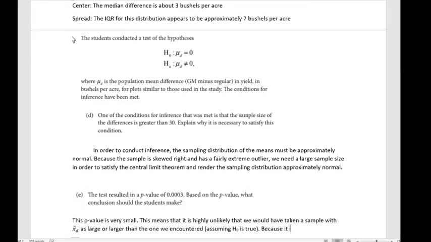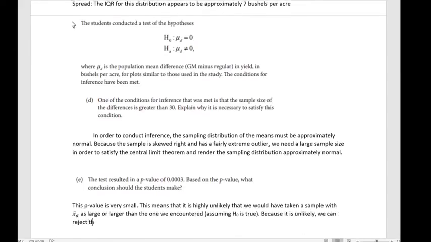Because it is unlikely, we can reject the null hypothesis. There is statistically significant evidence that the mean yield of GM and regular corn is different.